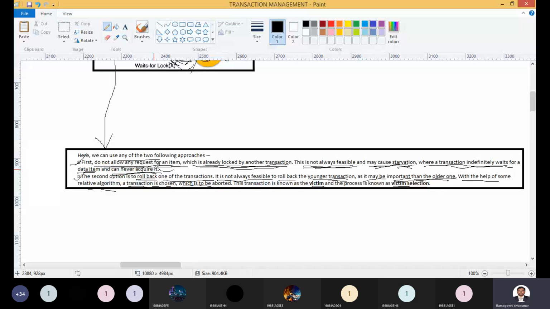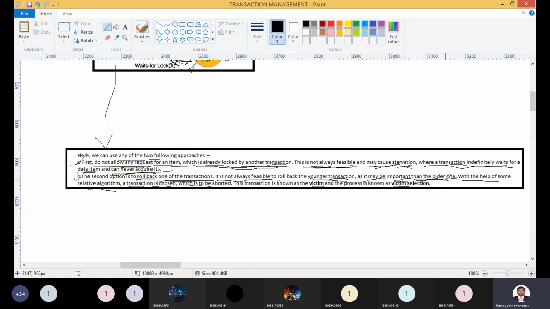So the second option is to roll back one of the transactions. It is also not always feasible to roll back the younger transaction, as it may be more important than the older one.